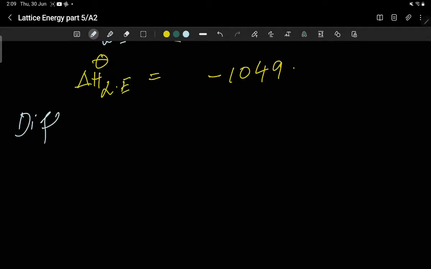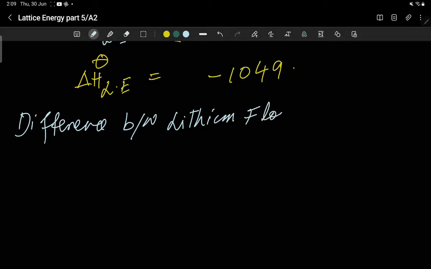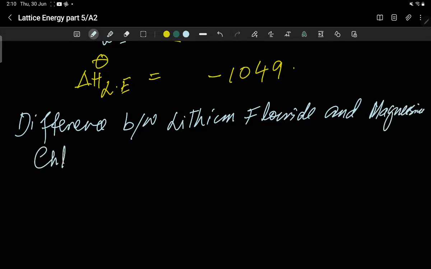Difference between lithium fluoride and magnesium chloride, the Born-Haber cycle.